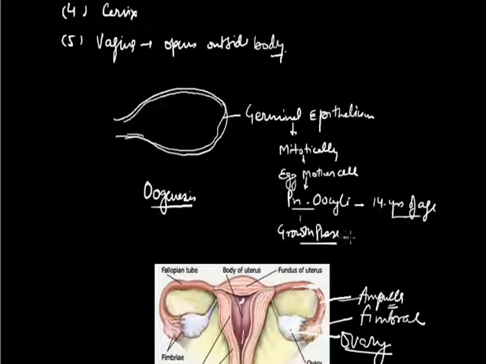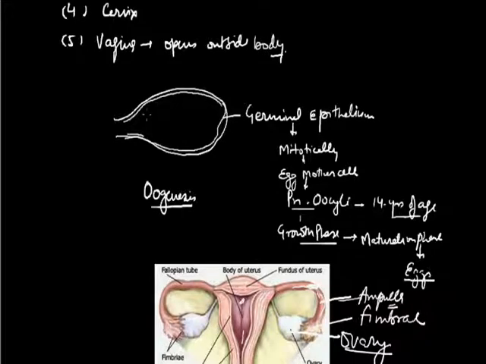Finally, this growth phase leads to the maturation phase, where immotile eggs are produced which are able to be fertilized by the sperms.